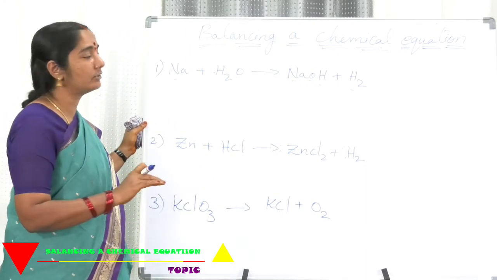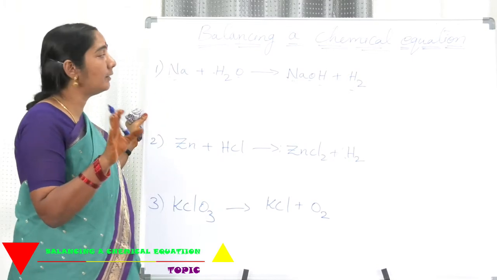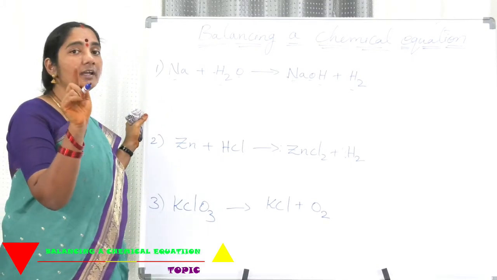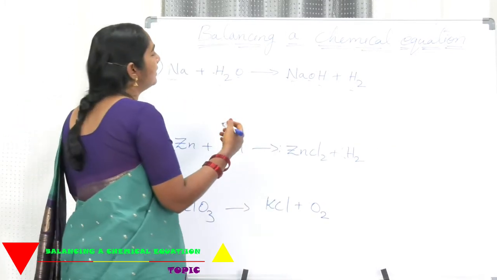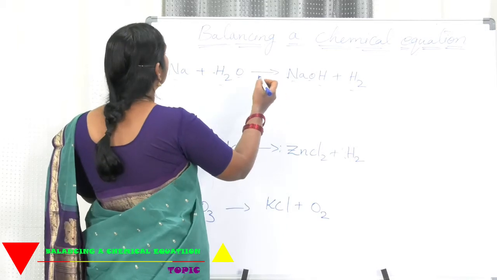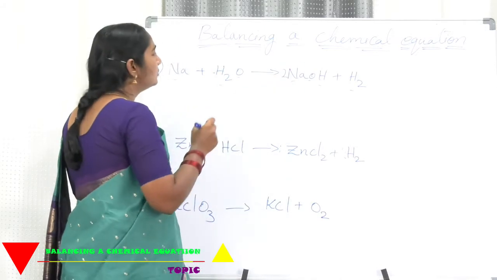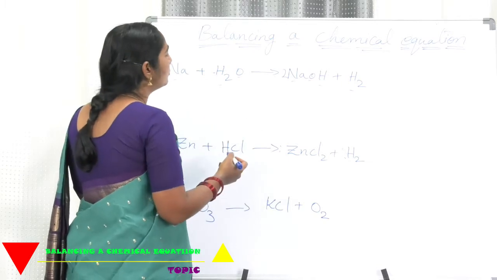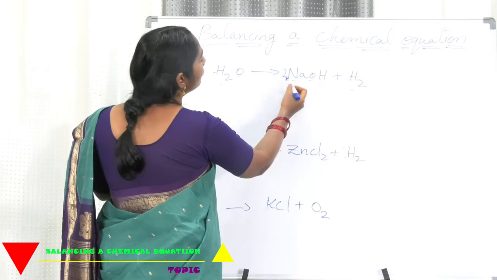So I think now you understand, this is not a balanced equation. Even if one atom is not balanced, it is not a balanced equation. Now, let us make the number 2 here. When I have done 2 there, my dear friends, the number of hydrogens became 2 into 2.